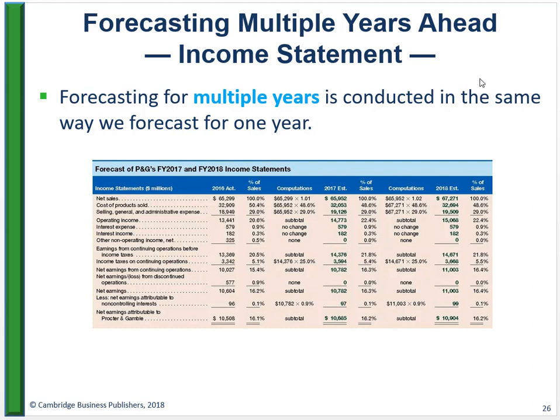So for Procter & Gamble, we looked at growing sales by 1%. Well, if we grow sales by 1%, then the subsequent year is going to be by 1%, and the year after that is going to be by 1%, unless we have reason to believe that sales are going to accelerate at a greater rate.